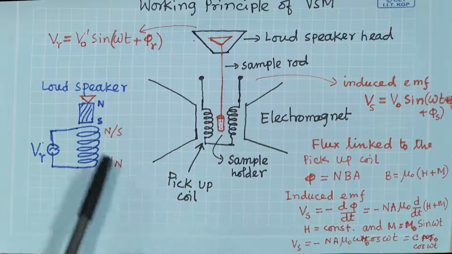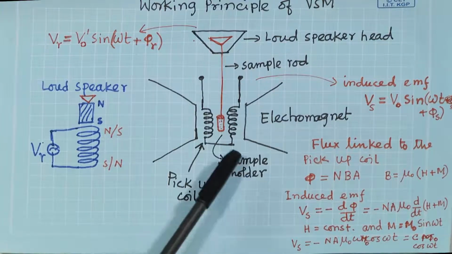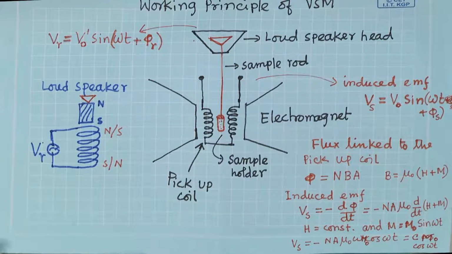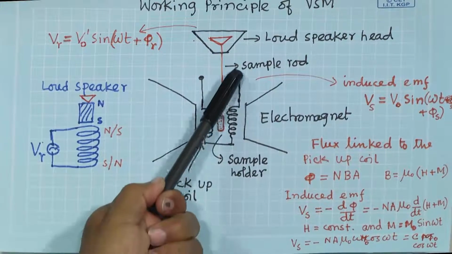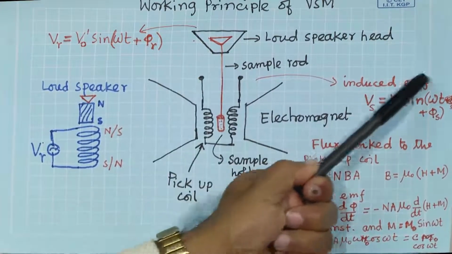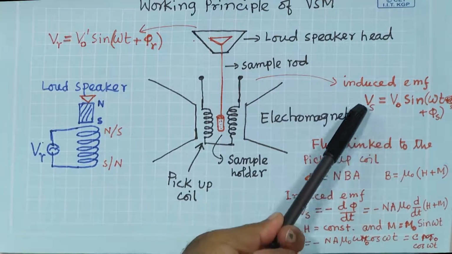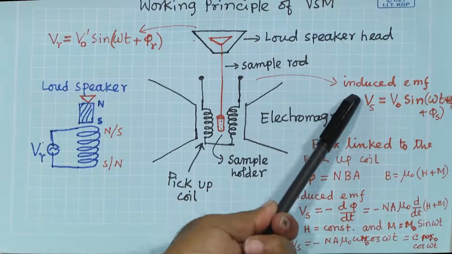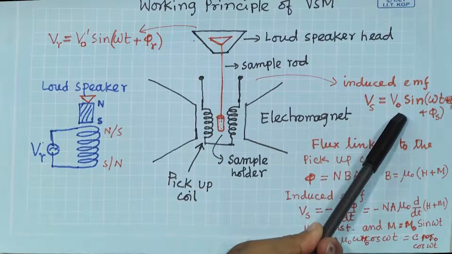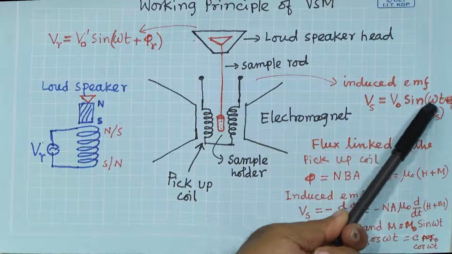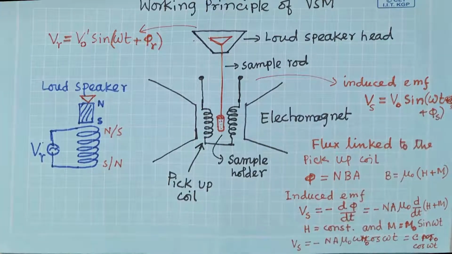So I will get the induced EMF as a signal, Vs equal to V0 sin(omega t plus phi s).